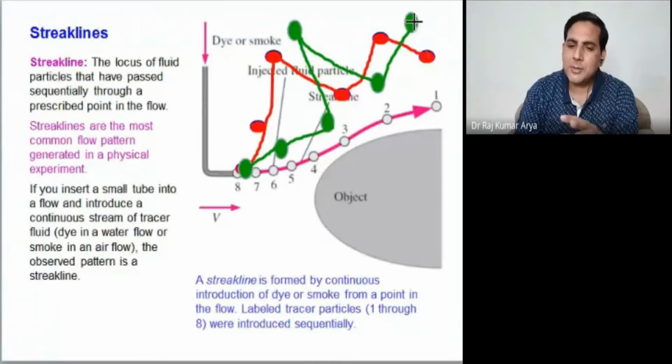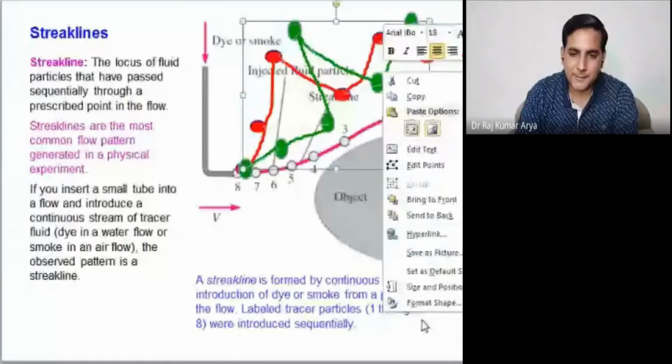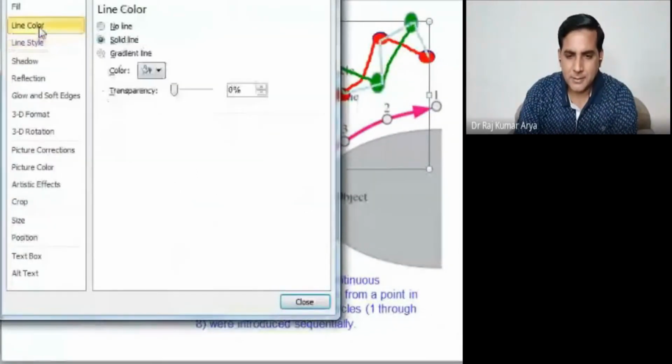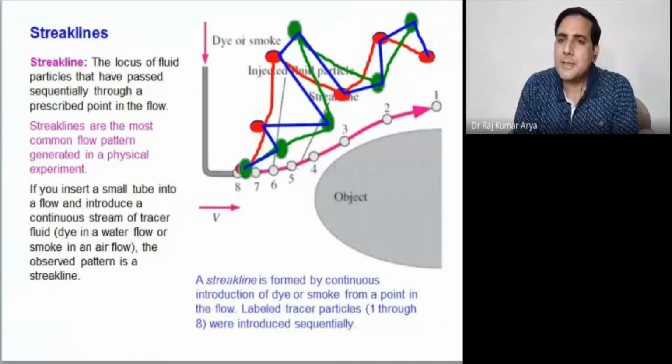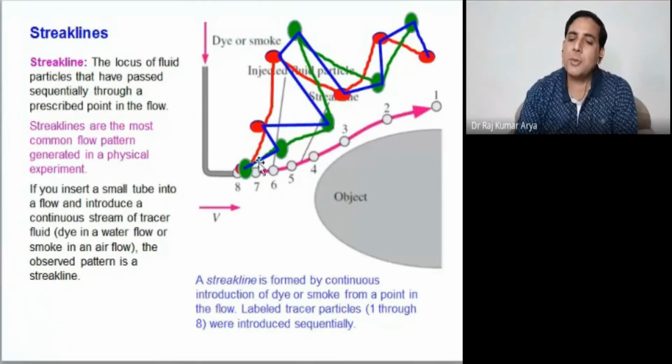Then again particle 1, then particle 2, then again particle 1, then particle 2, and now you are reaching here. Now this blue line is called a streak line because you are joining the particles in the order they have left this common point. This was the common point.